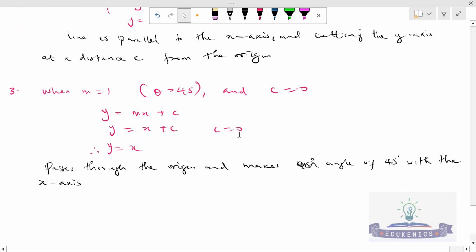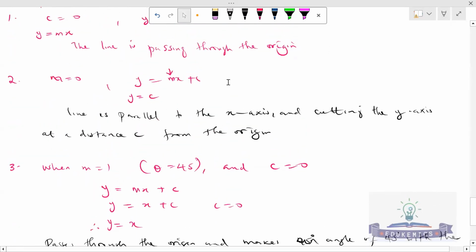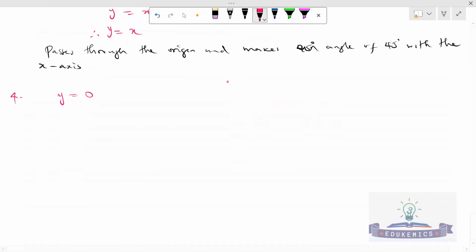The next case is very important. When we have the equation y equals 0, it means the line is along the x-axis.